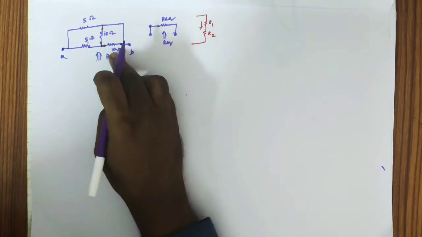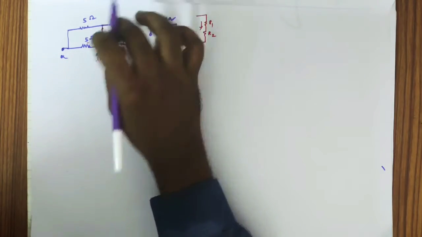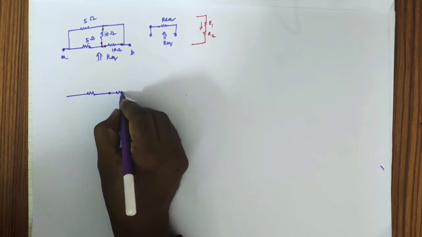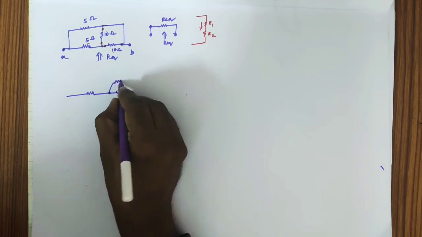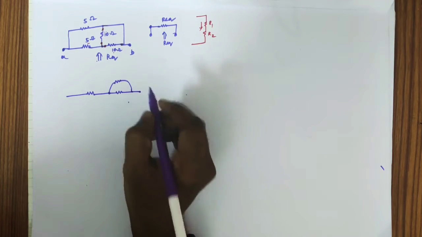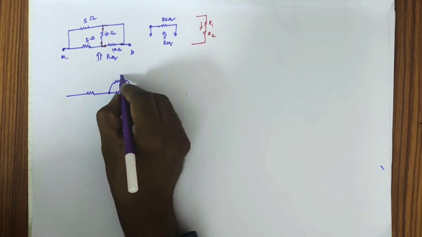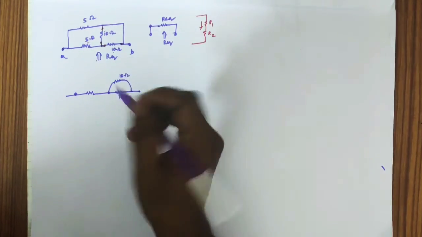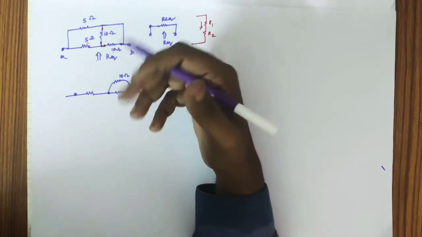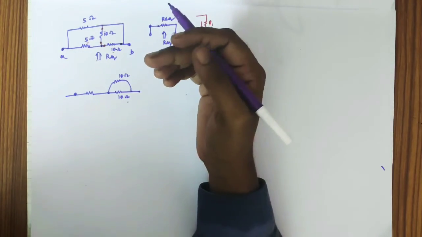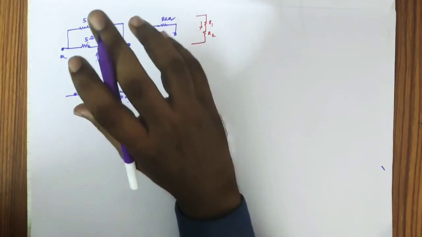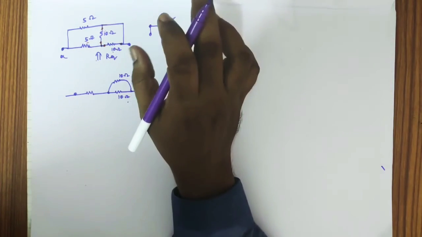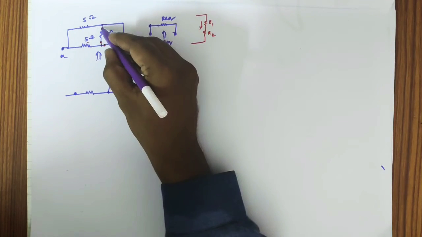So we can represent this circuit in a convenient manner like this. I am representing it like this: these 10 ohms are in parallel, and again this 5 ohm. After redrawing the circuit, we have to make sure the equivalent circuit does not change.